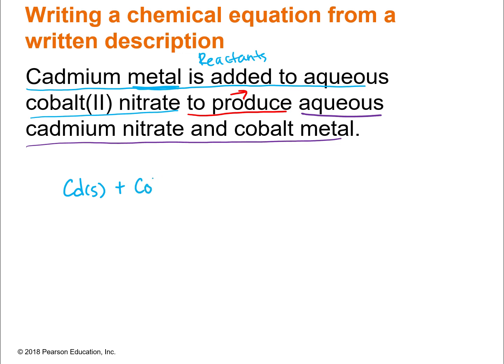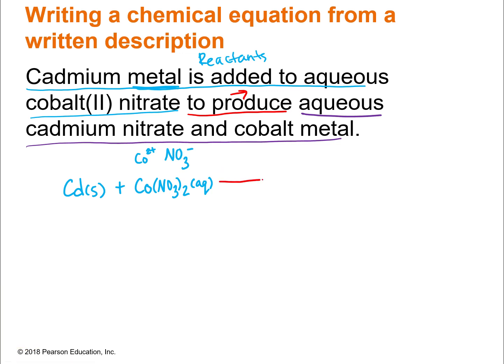So cobalt 2 is 2 plus. Nitrate is NO3 minus. So you're still going to need that chart, the polyatomic ions chart. In order for us to write a balanced chemical formula, we're going to need to have 2 of these nitrates here. And we're told that that is aqueous.